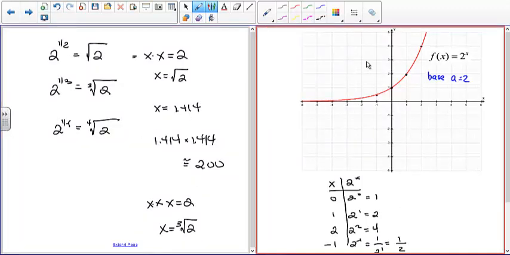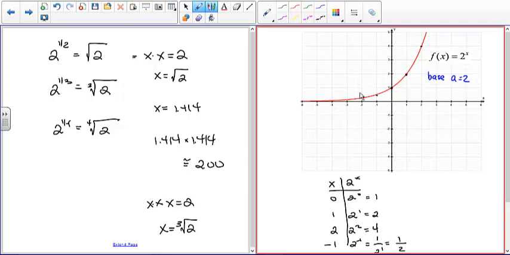Okay, so this is our simplest exponential function with the base 2. Now all exponential functions have similar shapes, just like back in chapter 1 we had quadratic functions, cubic functions, square root functions.